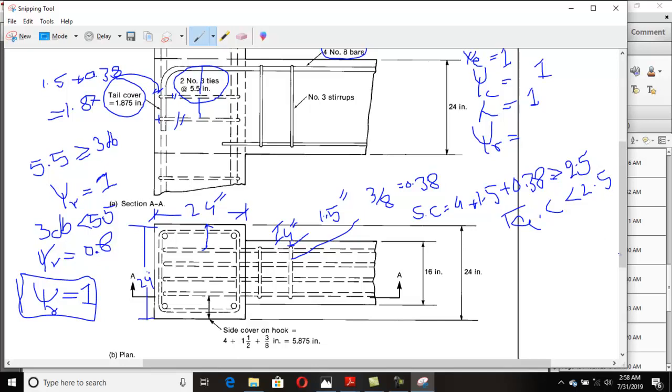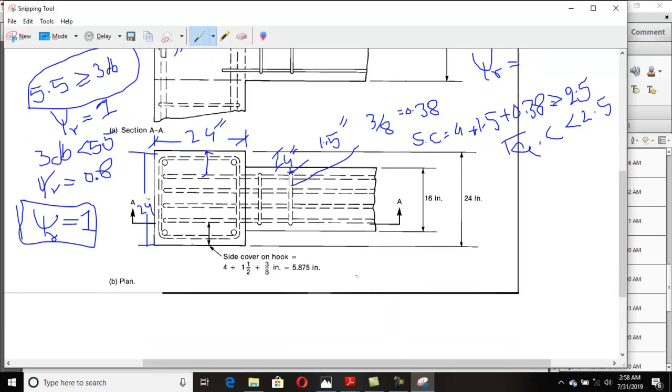Now if we check whether it is greater than or less than, you can determine it. As you know, the diameter of the tie is number 3, so you can find out the Av, that area comes out to 0.22, which is 2 multiplied by 0.11, that is the cross sectional area of one leg of the tie.